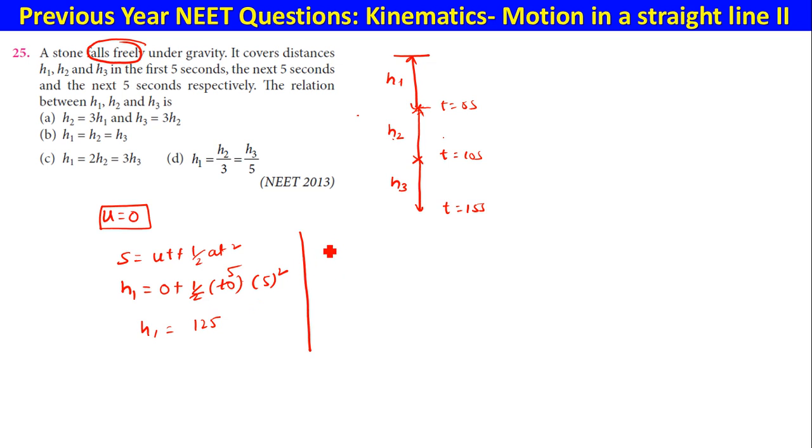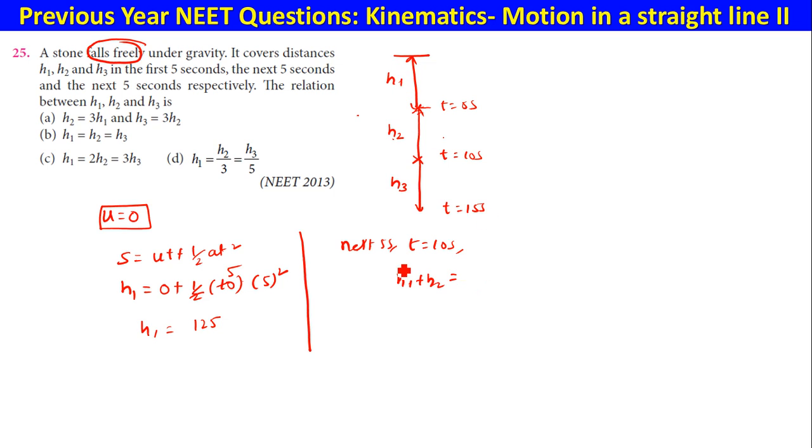Now in the next 5 seconds, the particle has reached h2 distance. So t is equal to 10 seconds now. What about the height it has covered from the top? That is h1 plus h2, that is the distance traveled, isn't it?